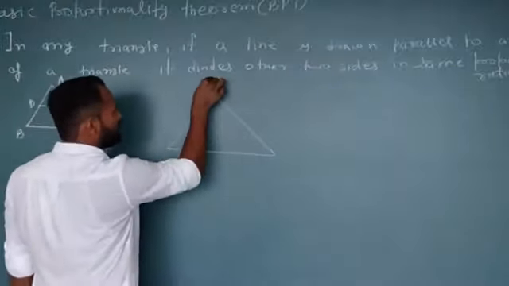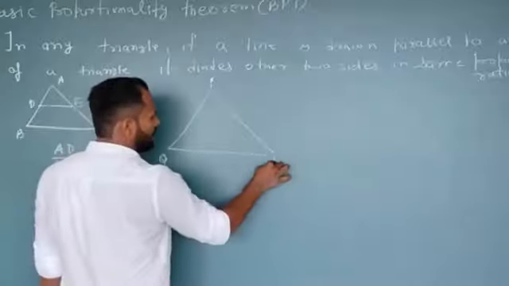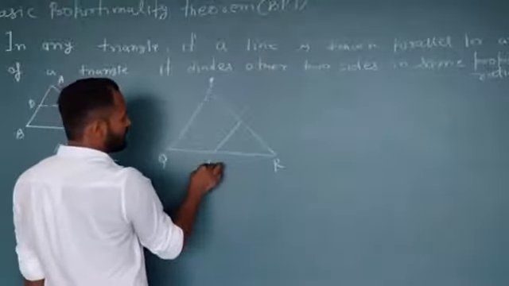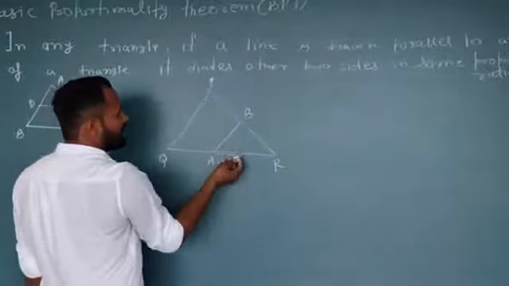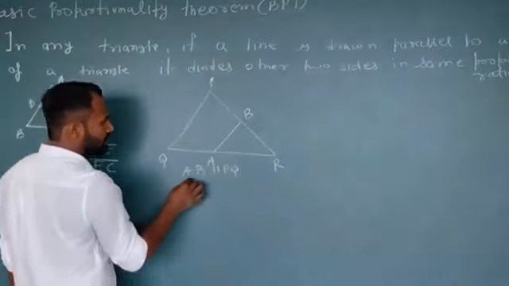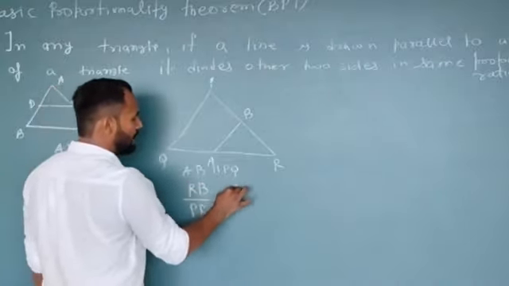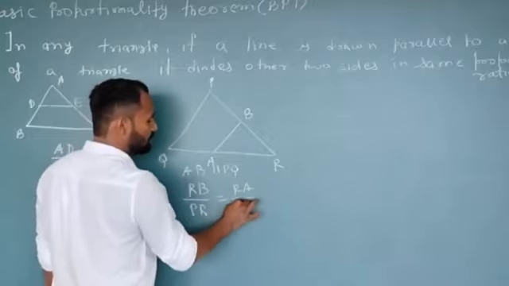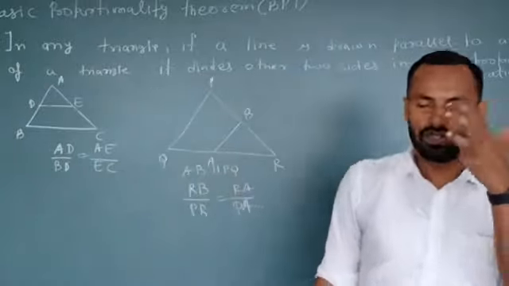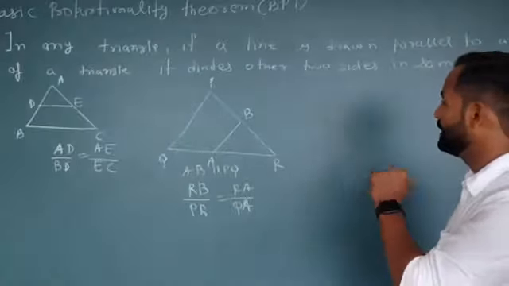Let's suppose this is triangle PQR, and I draw a line parallel to PQ. Let's say this is A and this is B. If AB is parallel to PQ, you can write RB upon PB is equal to RA upon QB. So basically this is the statement, and we will verify after some time how we got this result.